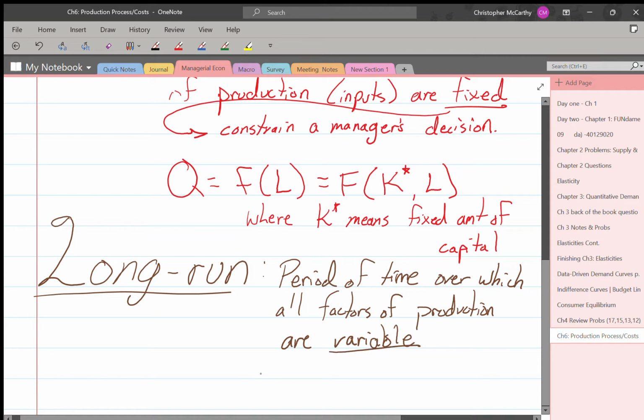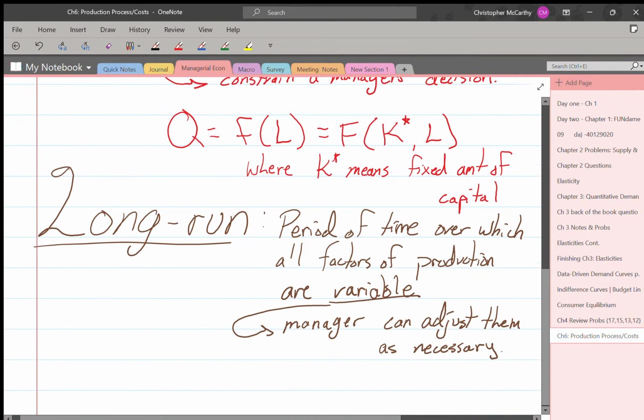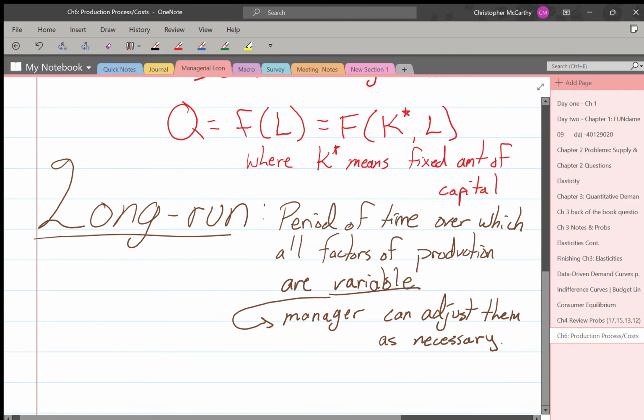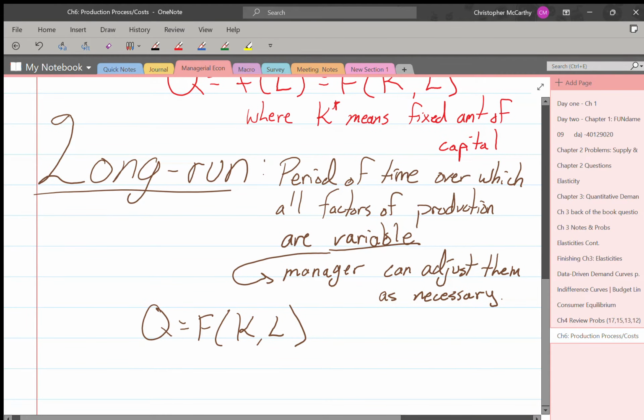And variable means what? That means the manager can adjust them as necessary, as they see fit. So the long run is going to have our normal production function. Our long run is going to be Q equals F of K and L, where neither one of them is fixed.